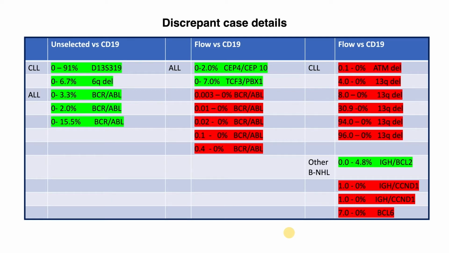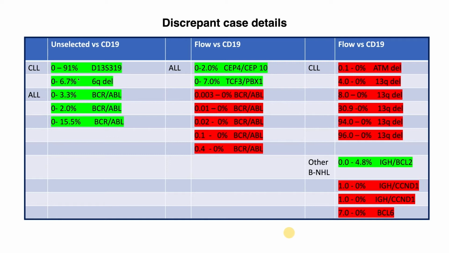So this slide shows each of these discrepant cases. The green highlighted cases are the ones where CD19 selection was positive, whereas the flow was negative. Here, if you look at this, 2 CLL cases and 3 B-ALL cases where unselected cells showed negative by FISH, whereas CD19 selected cells showed detectable frequency, in some cases high frequency, in CD19 FISH.